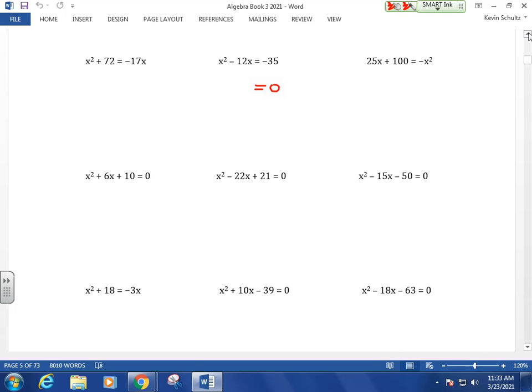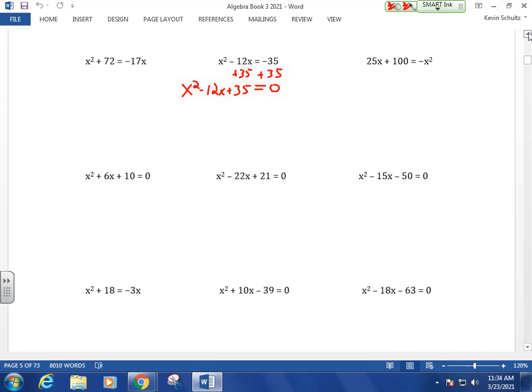Opposite operations, right? We're going to add 35 to both sides, which when we add it to that left side, we can't combine it with the x squared. We can't combine it with our x term. It's our constant. It's going to be x squared minus 12x plus 35 equals 0. And now we can go ahead and we can factor it.